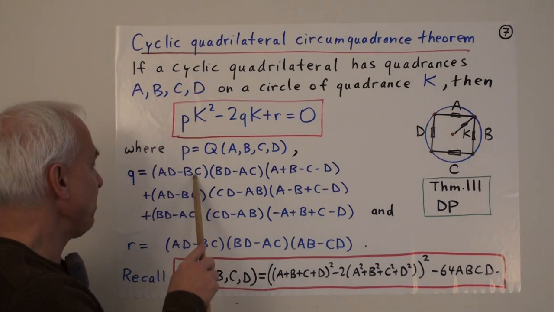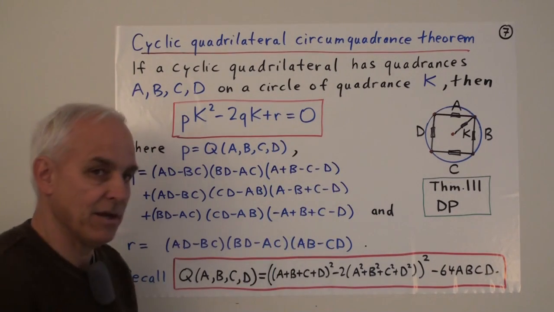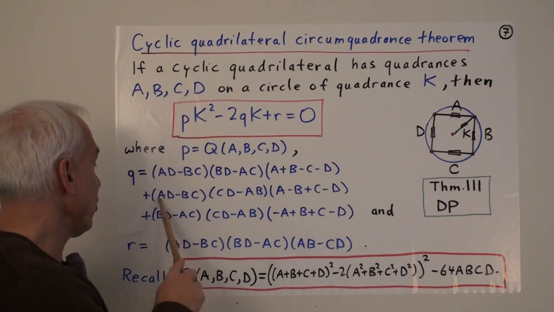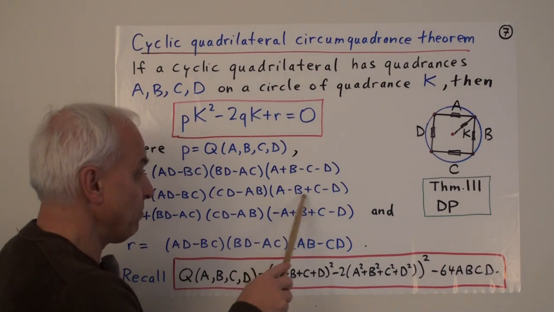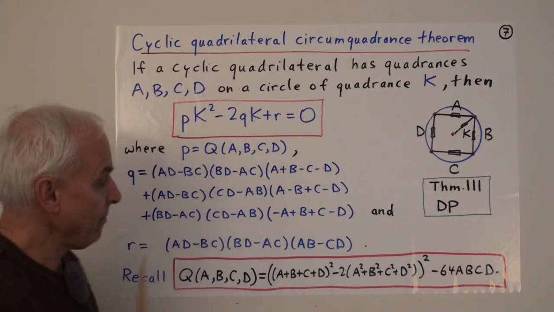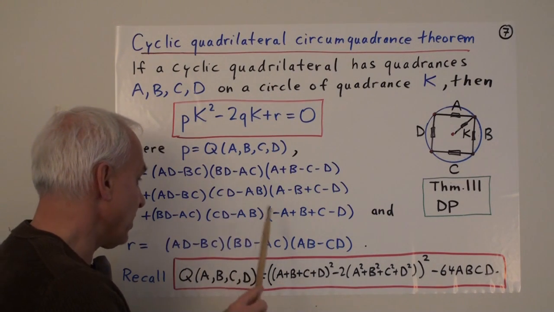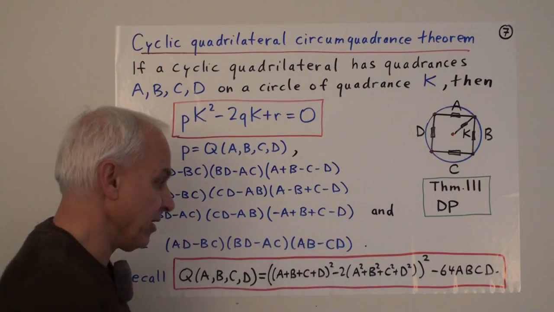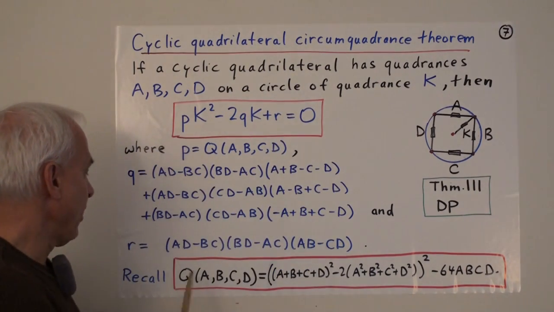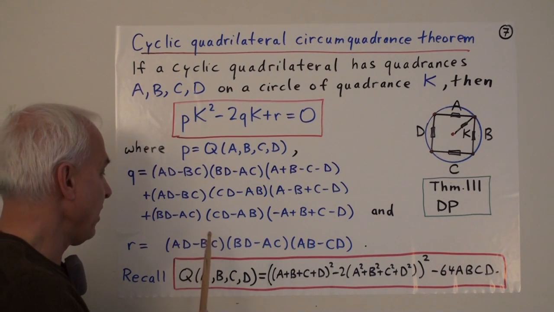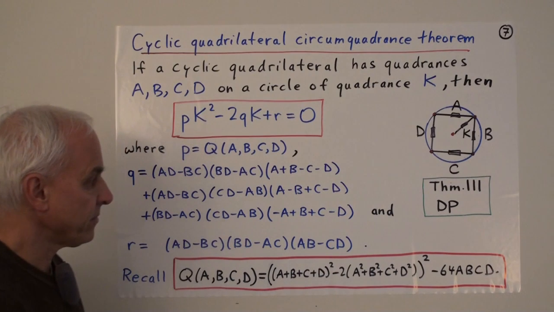So there's an AD minus BC times BD minus AC times A plus B minus C minus D, plus a similar kind of term AD minus BC times CD minus AB times A minus B plus C minus D, plus a similar kind of term BD minus AC times CD minus AB times minus A plus B plus C minus D. And finally, where this R equals the product AD minus BC times BD minus AC times AB minus CD.